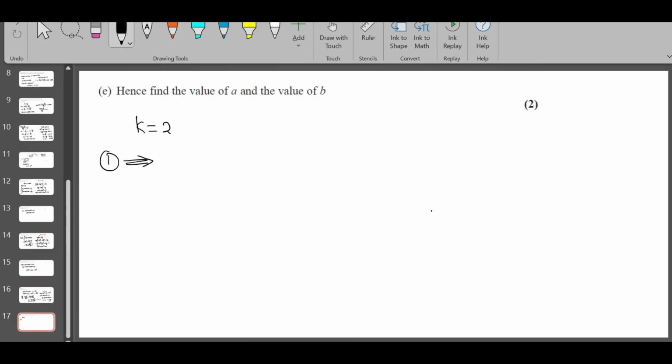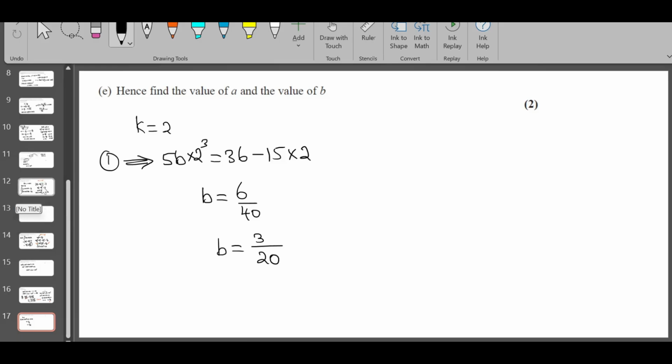So from equation 1, put the value here. k cube, which is 2 cube, times 2. Make b the subject. 36 minus 30 is 6. 6 divided by 40. So b is 3 over 20.